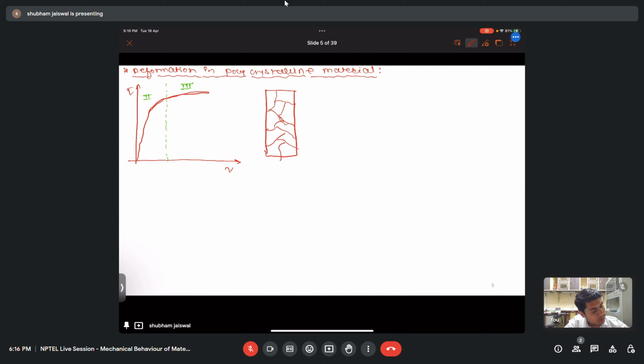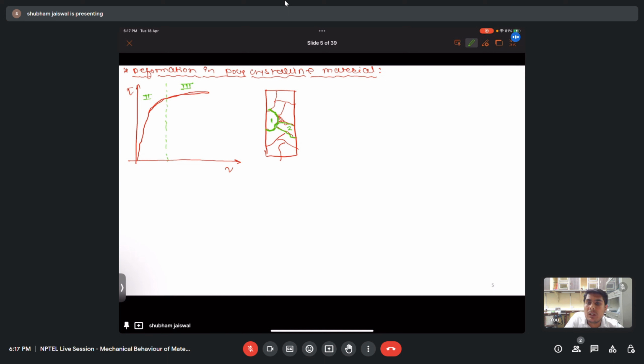So suppose one grain starts deforming, then another grain should also start deforming. If not, what will happen? It will lead to discontinuity and it will create voids. This is how the material will deform.